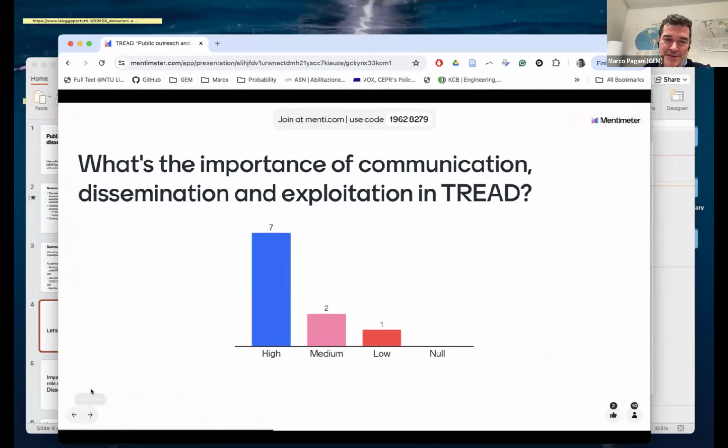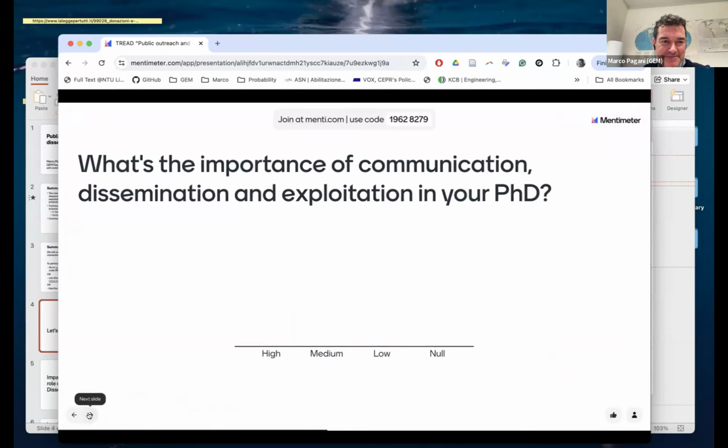It might be interesting to see what balance between the 3 we think. And if instead of thinking about the project in general, you think about your PhD, are communication, dissemination, and exploitation also important in that case, or less than in the project in general?